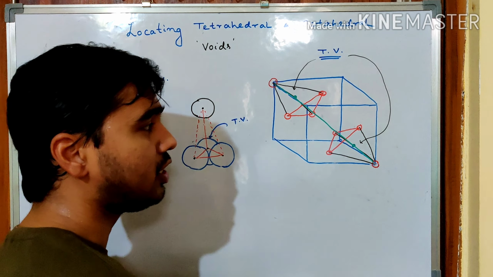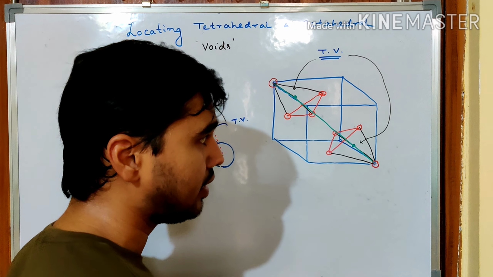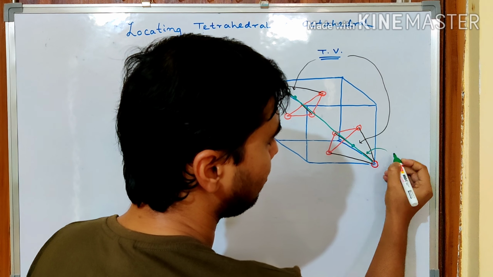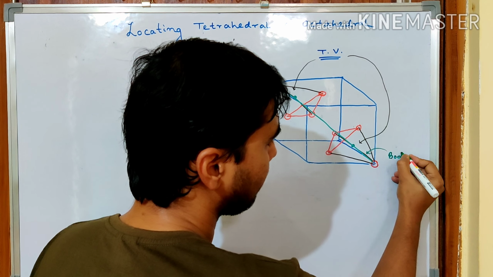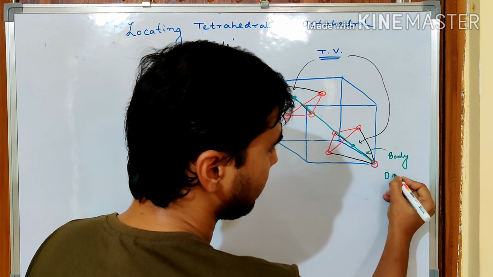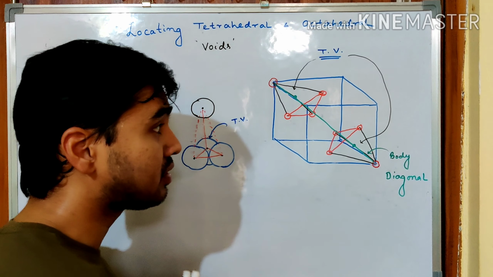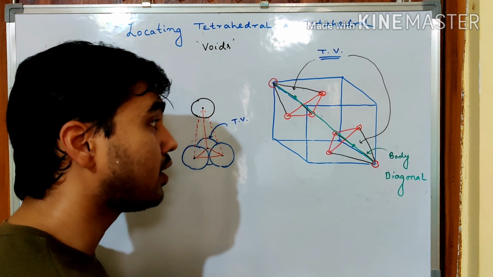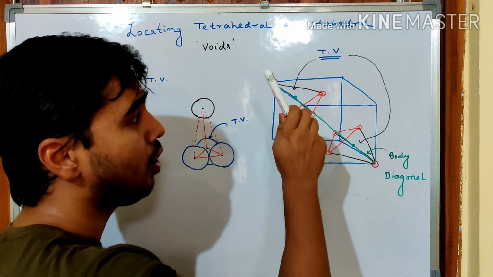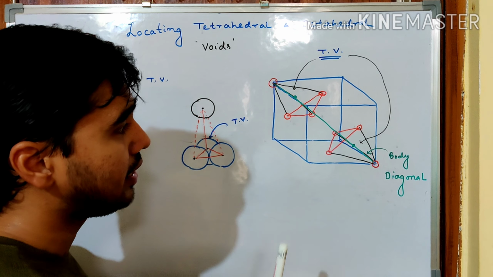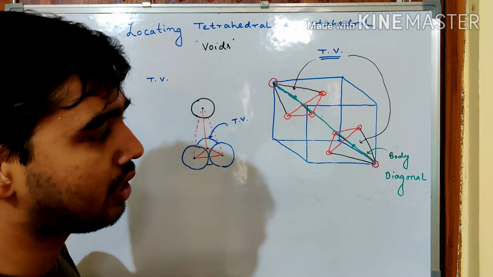Can you see any speciality of this line? Yes, it is nothing but the body diagonal. That means we have proved that in the body diagonal of an FCC lattice there are two tetrahedral voids located.